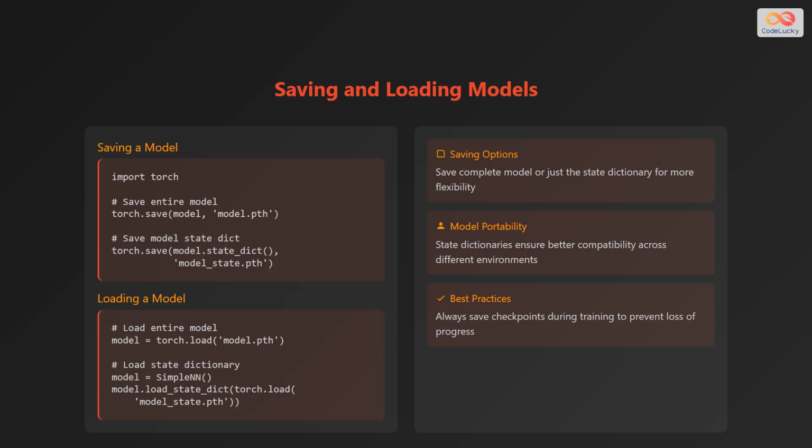To load the entire model, use model equals torch.load model.pth. To load the state dictionary, create an instance of the SimpleNN model, and then load the state dictionary using model.load_state_dict, loading model_state.pth. Saving just the state dictionary provides more flexibility and better compatibility across different environments.